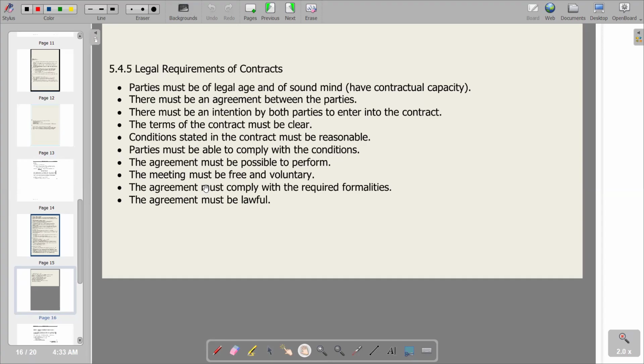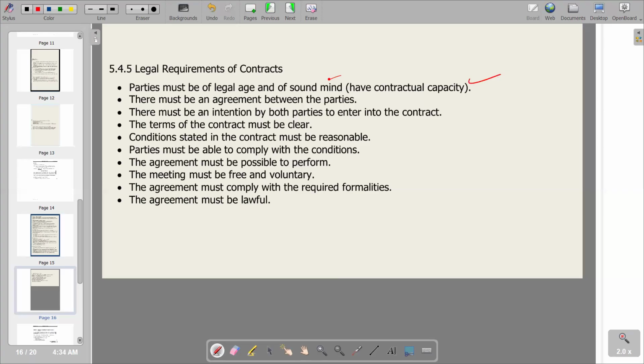If it's over 18, over 16, according to the legal requirements of that country. Also, you should have a sound mind. So it means we cannot get into a contract with a mad person, someone who is not in the right state of mind. You cannot get into a contract with a drunk person. That's not a sound mind. So basically, that's what we have on the first one.